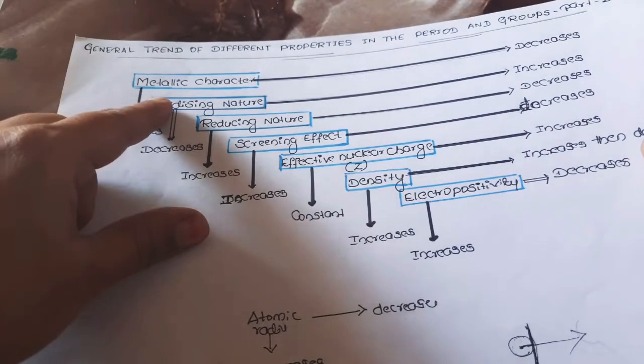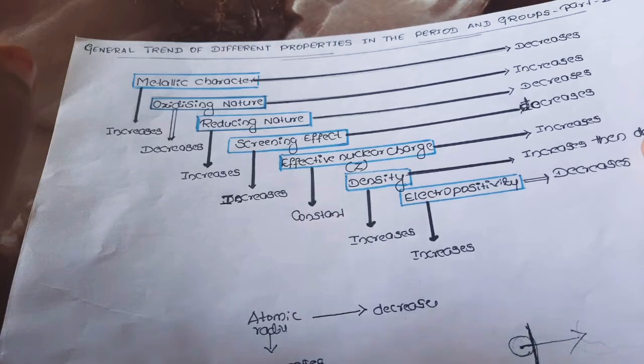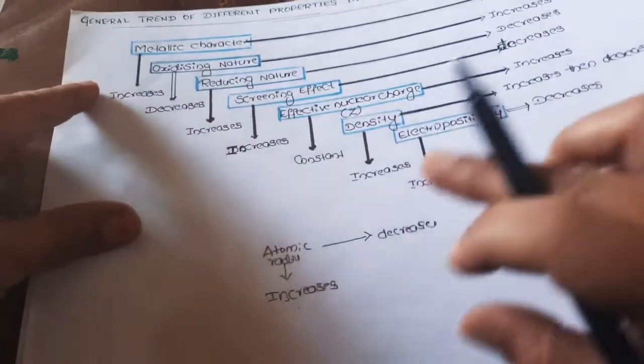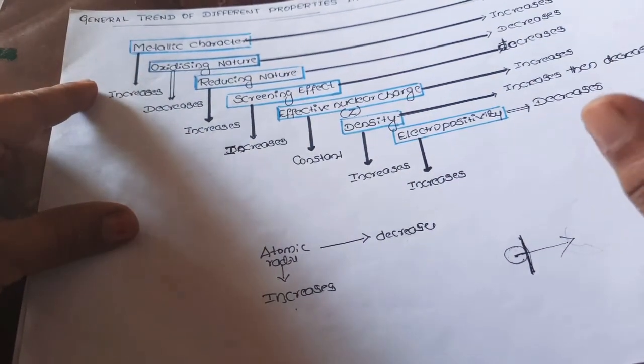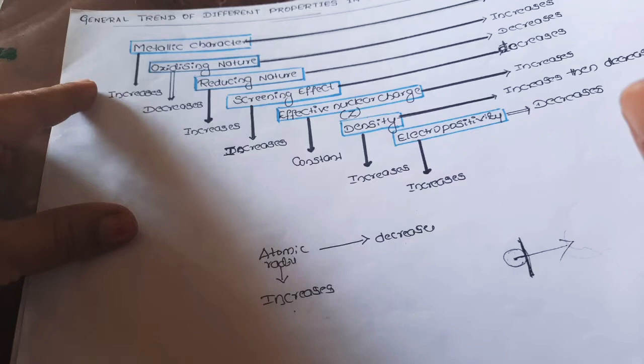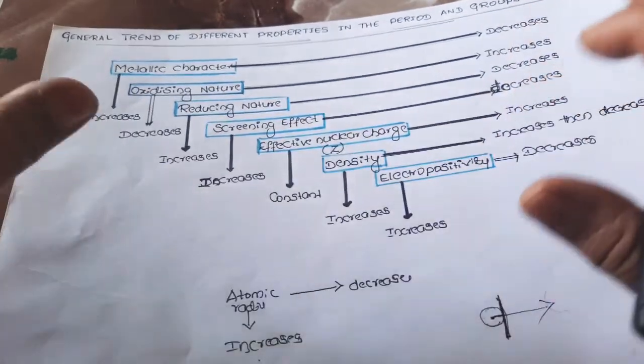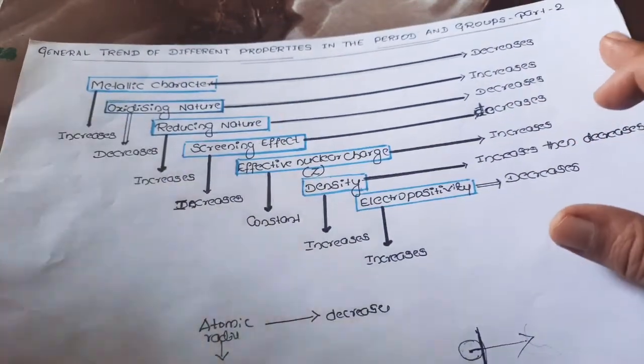So obviously metallic character increases down the group. So I have given you the relation of metallic character with the atomic radius. That is how you have to relate. This atomic radius trend you have to keep in your mind, as many trends depend on that property. I hope it is clear.